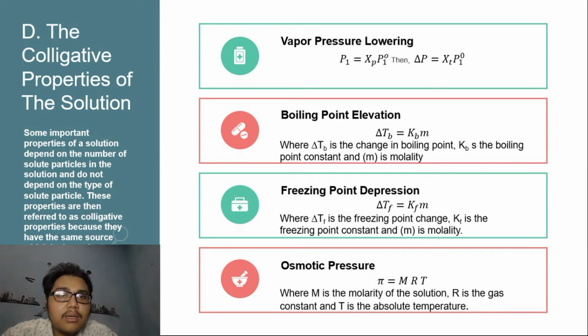First is vapor pressure lowering. If a solute is not volatile, the vapor pressure of the solution is always smaller than the vapor pressure of the pure solvent. This is explained by Raoult's law, which states that the partial pressure of the solvent from the solution is the pure vapor pressure multiplied by the mole fraction of the solvent in the solution.